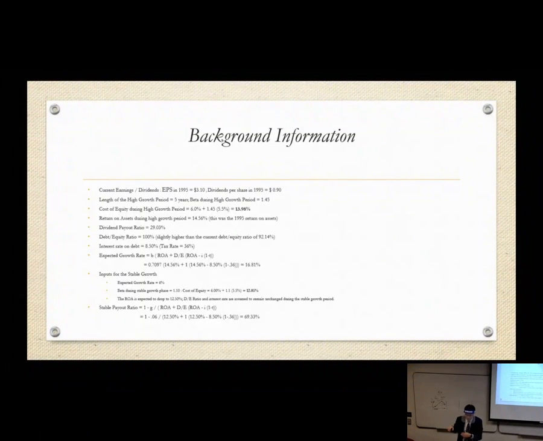Not necessarily equal to 1, but towards 1. Should be much lower. And here the assumption is 1.1. You expect that beta will decline from 1.45 to 1.1 when entering into that constant growth time period.